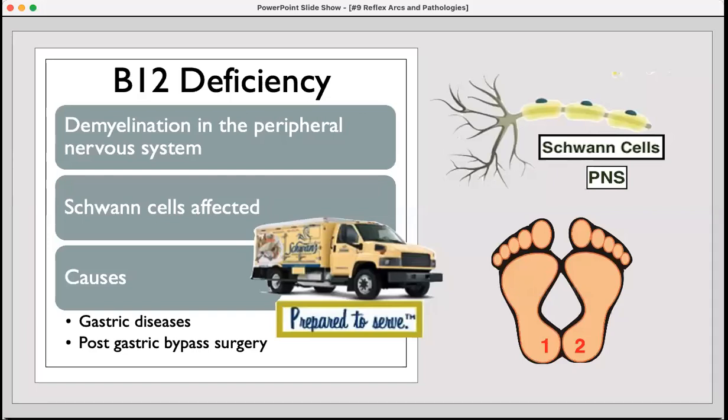The way to remember that from my little mnemonic from previous lectures: Schwann company delivers. It's in the periphery, delivering to people's homes. B12 deficiency causes this demyelination of the peripheral nervous system. And it can be caused by gastric diseases, and also people who've had gastric bypass surgery need to be supplemented with B12.